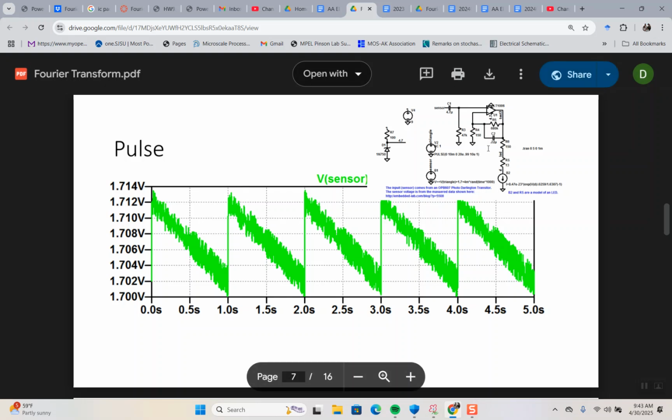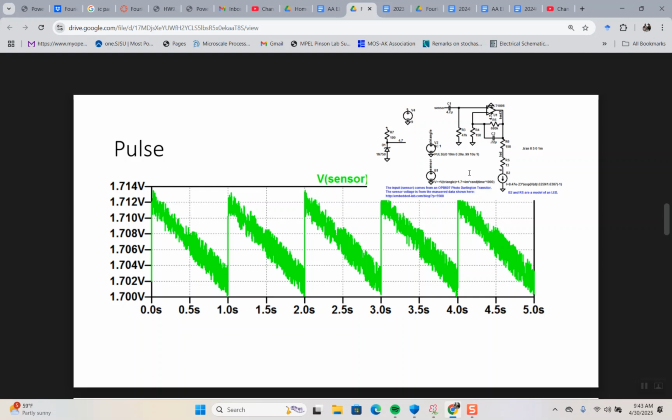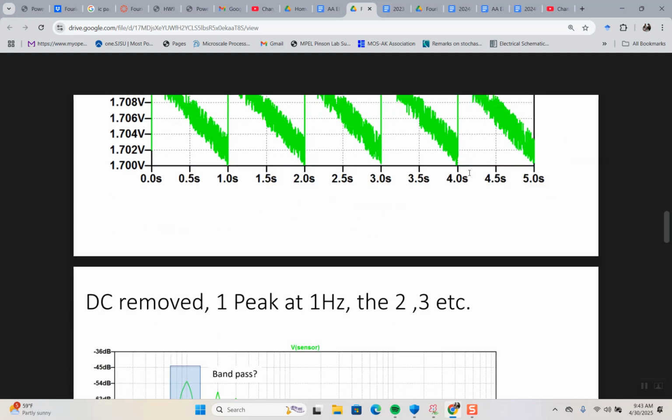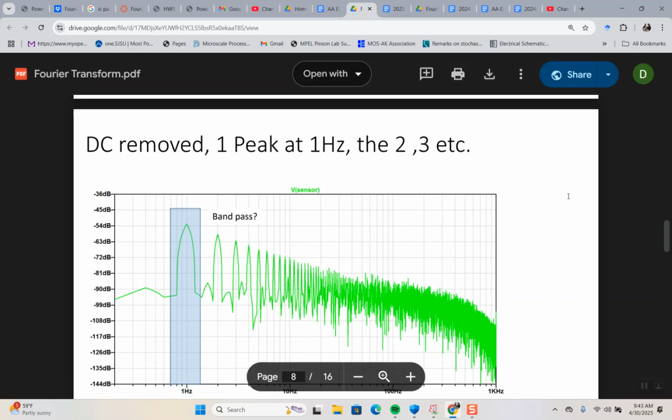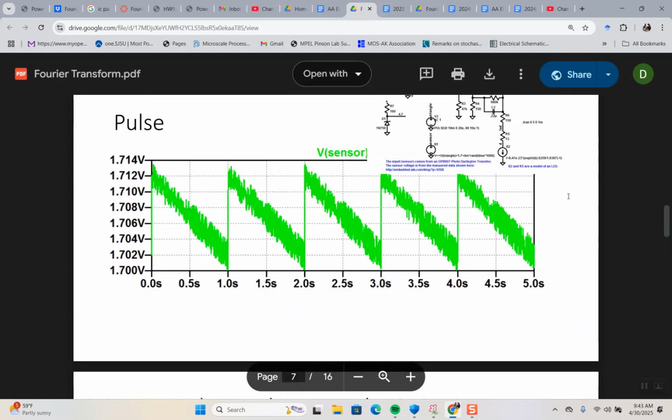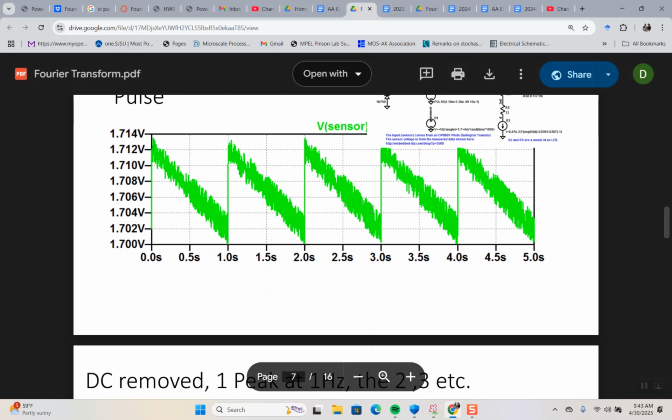This circuit here is a way to drive an LED that will blink for your heart rate. So what do I do? I take the FFT and I have a peak at a hertz, and I have an infinite number of peaks because the frequency of this is my heart rate.